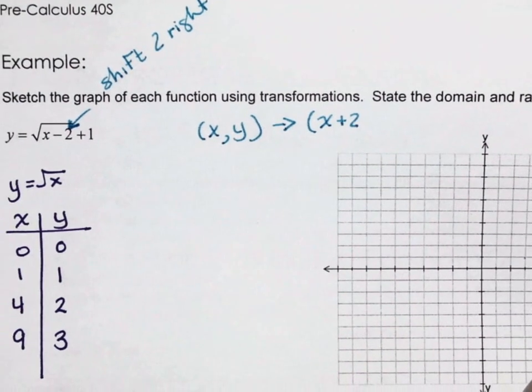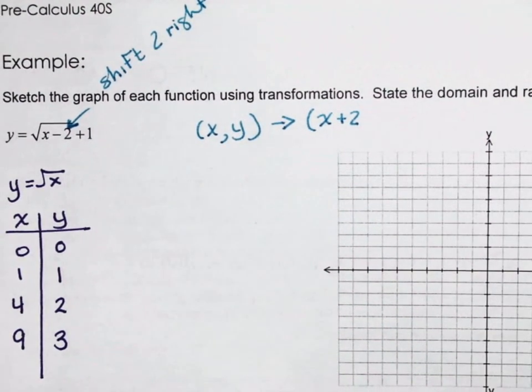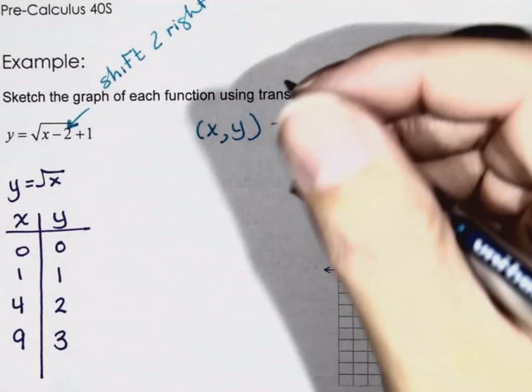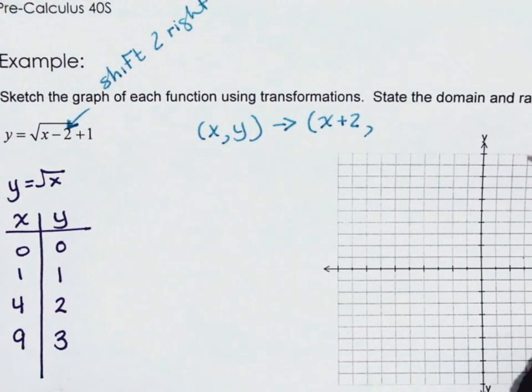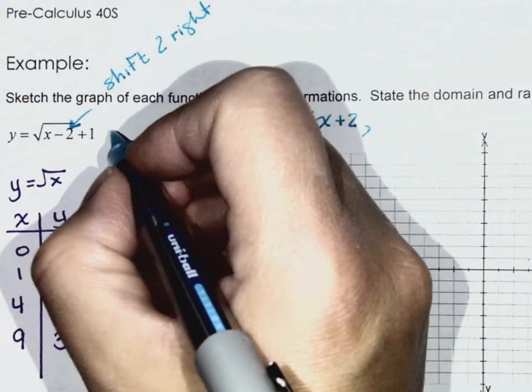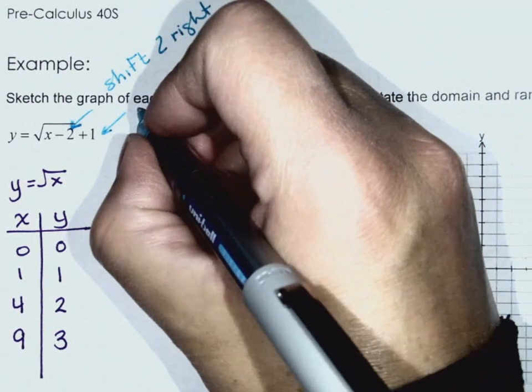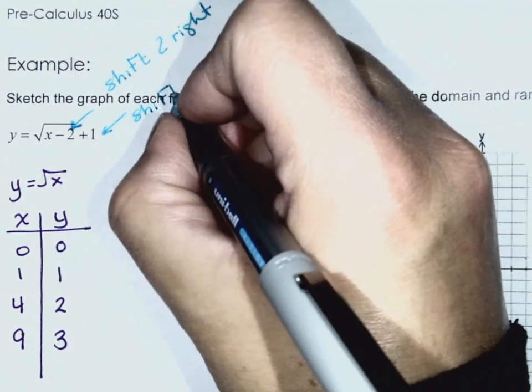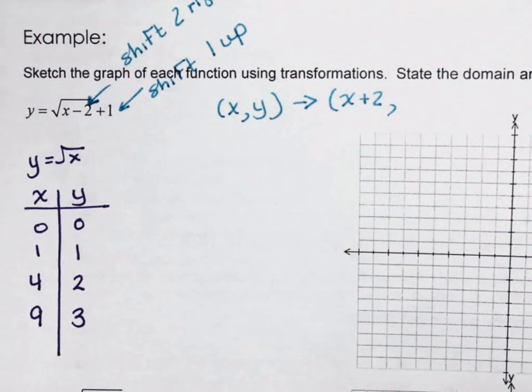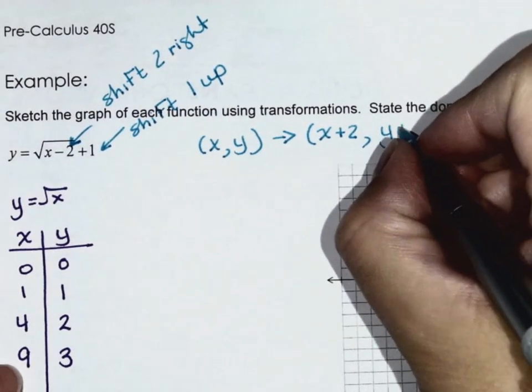Remember that x isn't going to do the same. You're going to do the opposite of it. And then the plus 1. We're going to shift 1 unit up. So our y's are going to be plus 1.